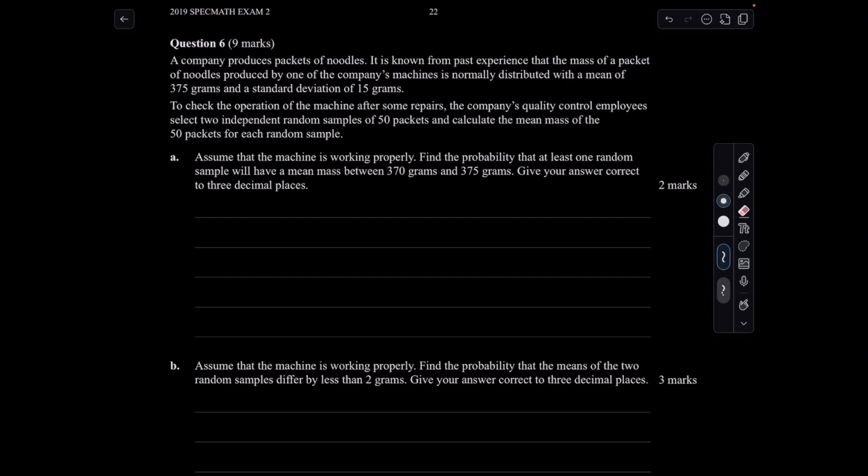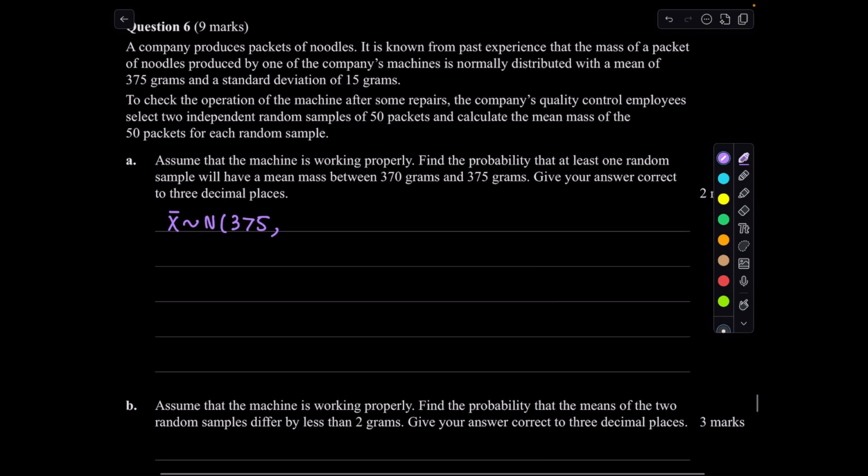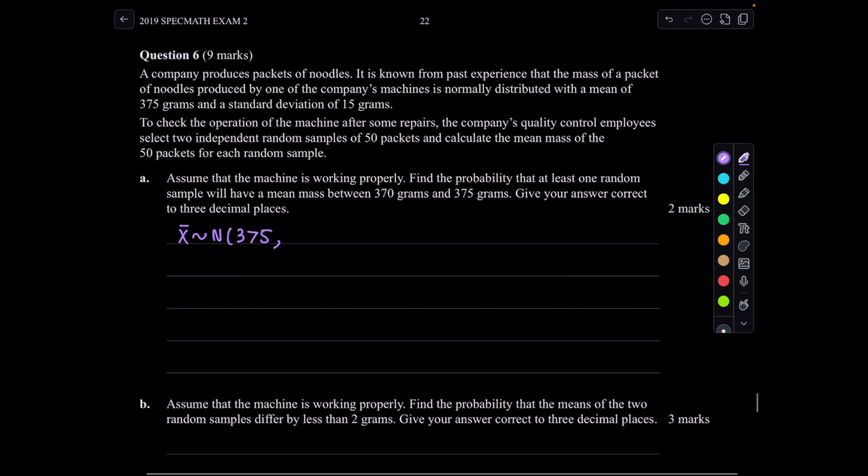So what I'm going to first do is normally distribute the sample mean. Remember, the mean is the same as the original mean, which is 375, but the standard deviation of your sample mean is going to be of course S over root n.